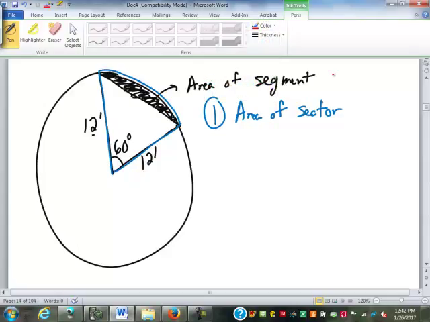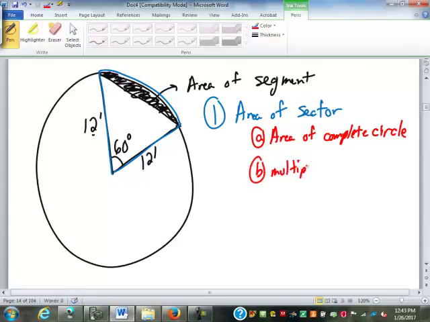Can you give me just a brief idea how you find the area of the sector? Find the area of the complete circle, and then you multiply by the central angle over 360, right? In this case, it's 60 degrees.